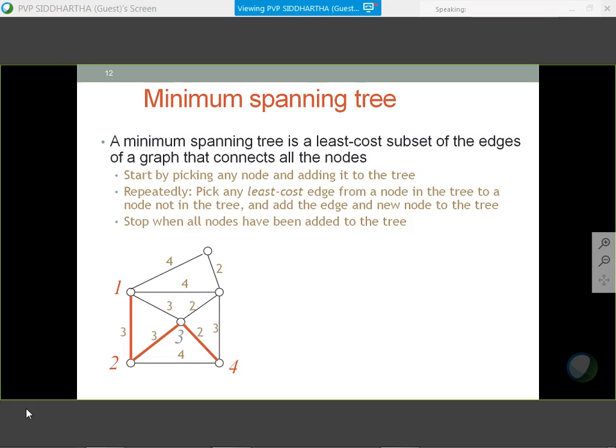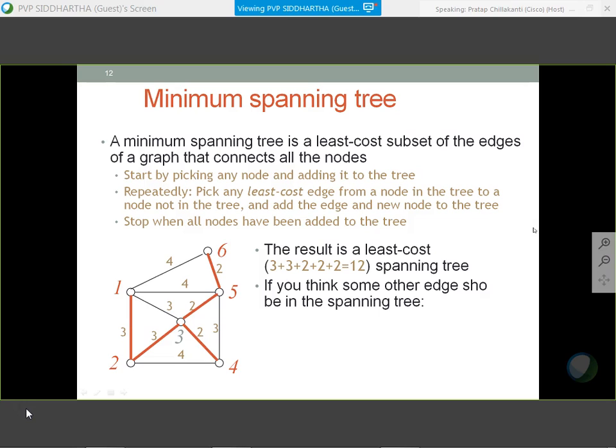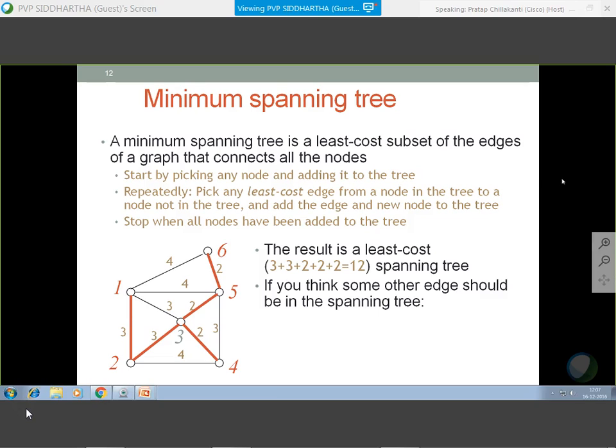We are going from 1, 2, 3, 4, continue, 5, 6. What are we doing? We are picking the least cost edge. That's what we are doing. Minimum spanning tree. If you think some other edge should be in the spanning tree, continue.